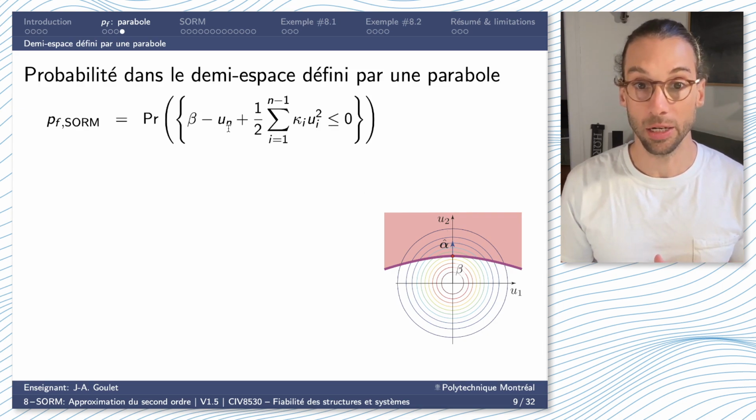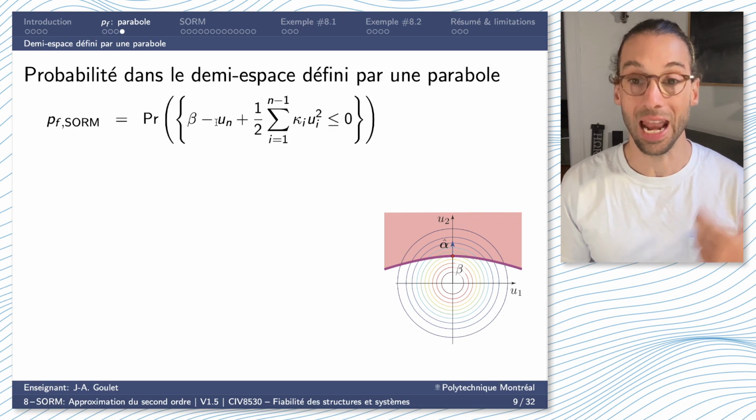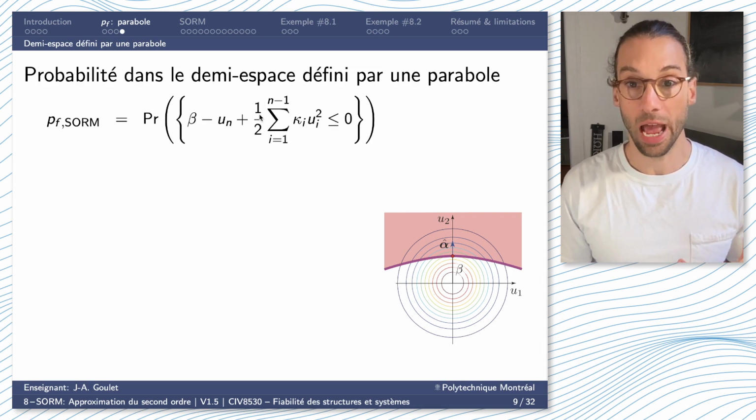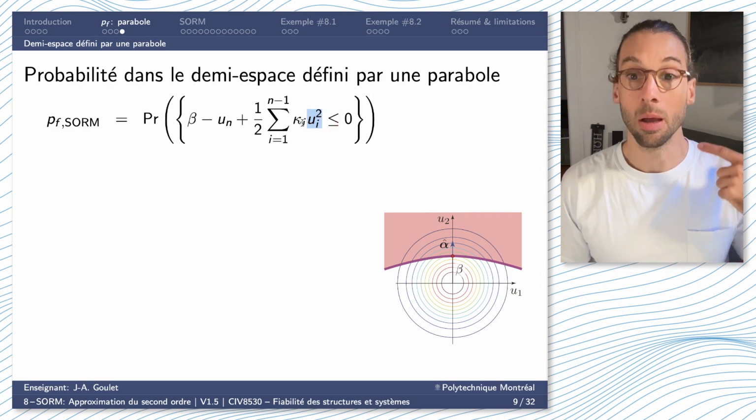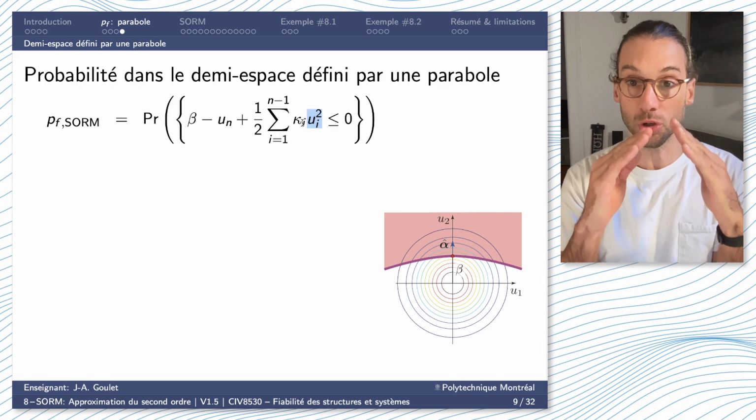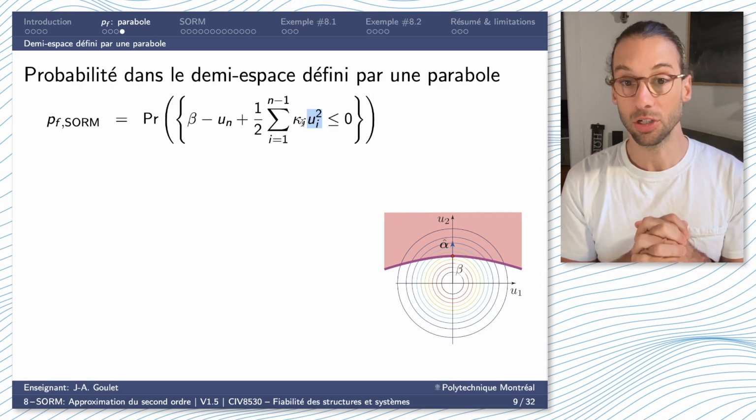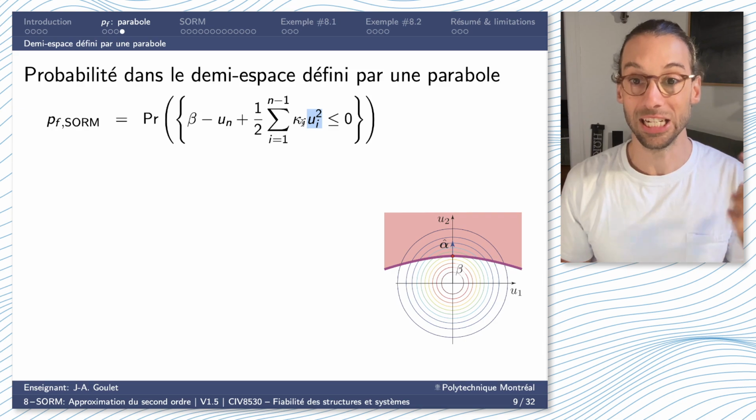So beta minus, in this case, u2 or un, the last dimension, plus 1/2 summation of kappa i ui square. So these are my parabolic term, and kappa i are my principal curvature. So the curvature of my limit state function with respect to each dimension.